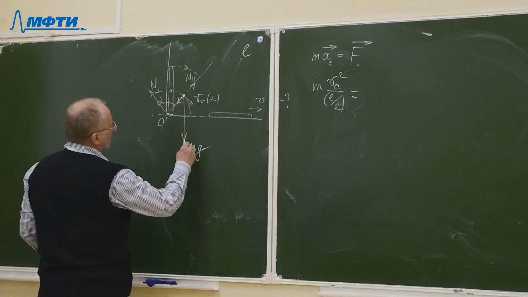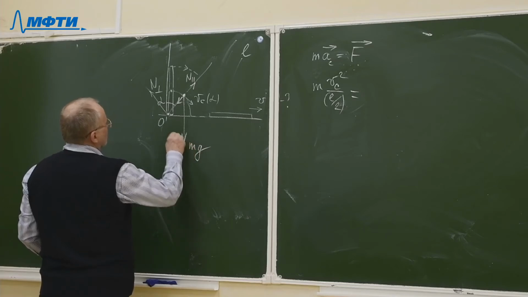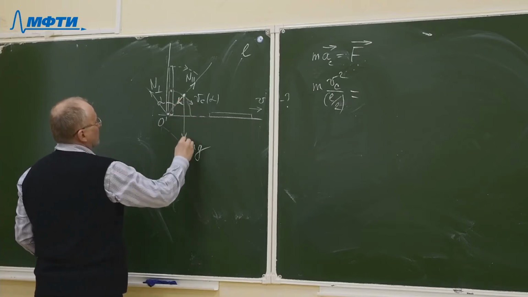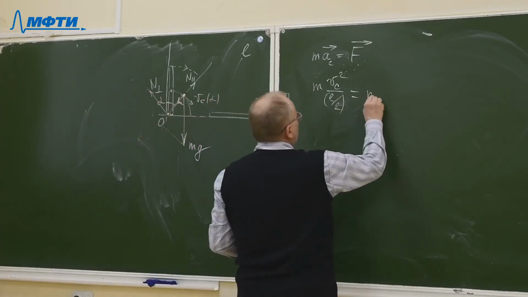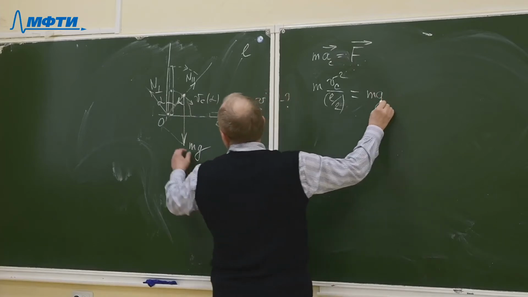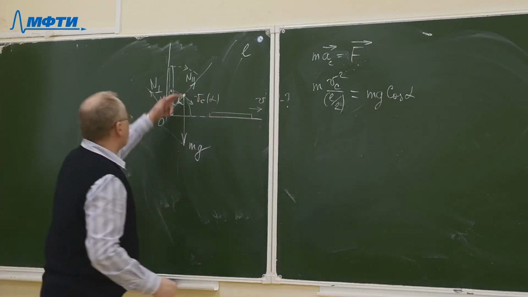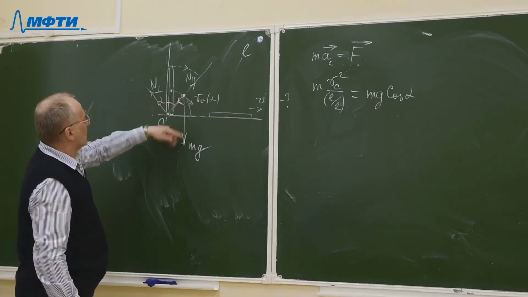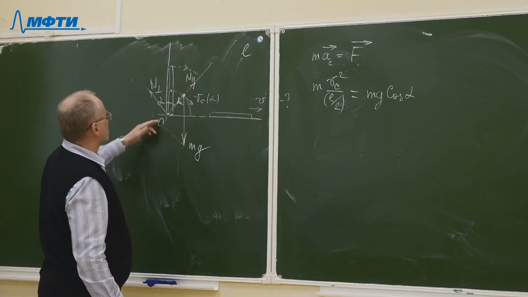What is the component of the weight of the plate along this direction? So if this angle is alpha, then this angle is also alpha, and I will need this component, which will be mg cosine alpha. Mg cosine alpha, that is the component of the weight along the plate, in direction parallel to the plate.